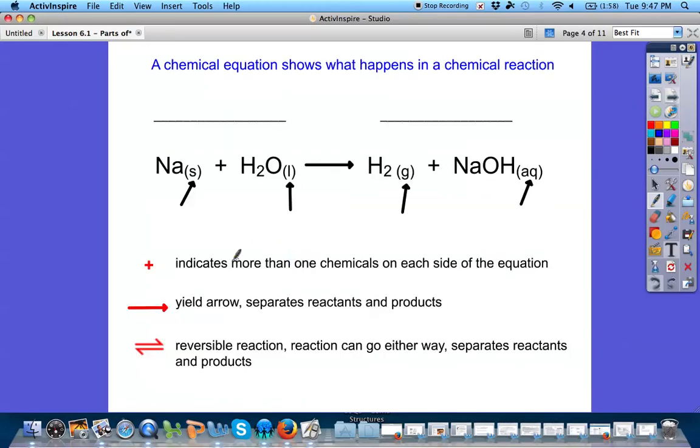So a chemical equation shows what happens in a chemical reaction. The reactants are on the left. So we have sodium and water as reactants, and our products are on the right. And we have hydrogen and we have sodium hydroxide as products. These letters in parentheses are indicating the states of matter.